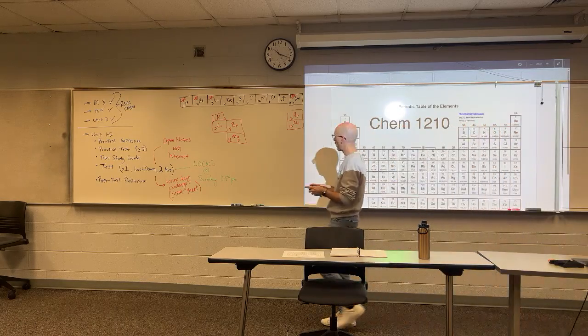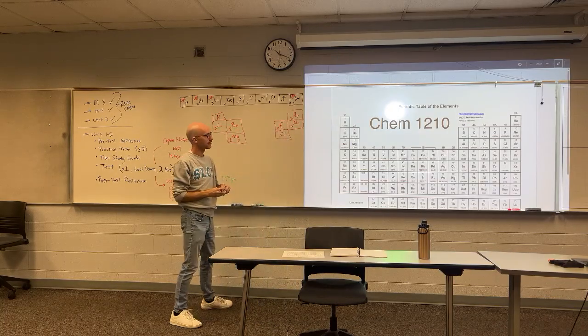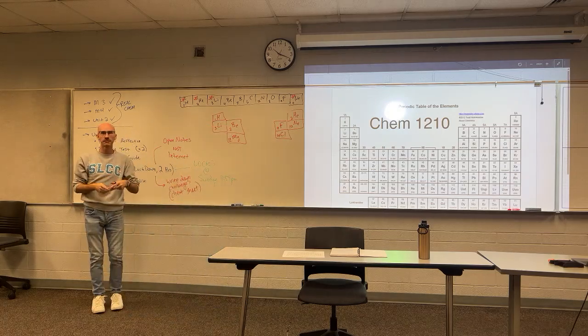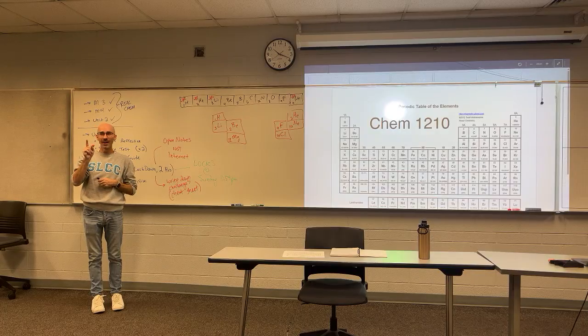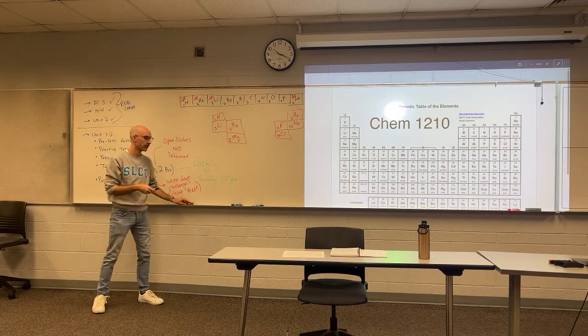Same thing with fluorine and chlorine. These atoms often take on a -1 charge. They often make one bond to other atoms. But there's one element on the periodic table who doesn't really have a solid home on the periodic table. Do you guys know who that is?